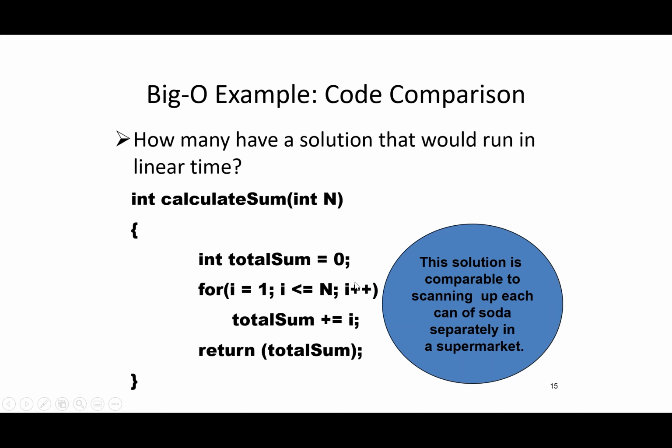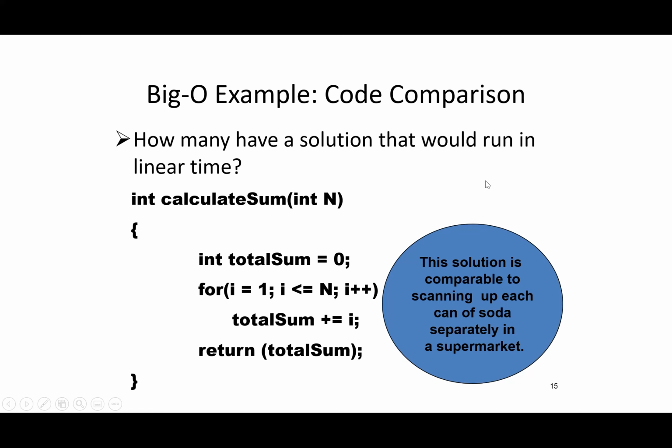If my n is 100, then I will execute 100 times, right? So if I use this method to solve this problem, you can see that the number of operations that you execute depends on the n, your data size, right?